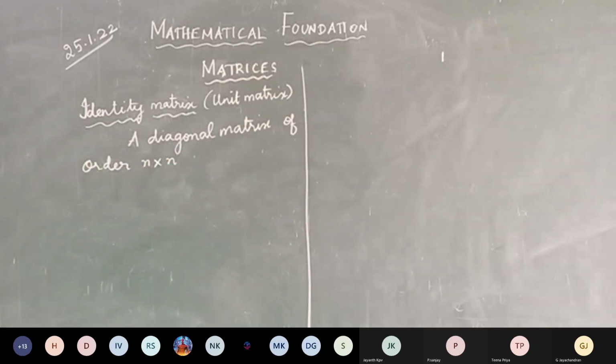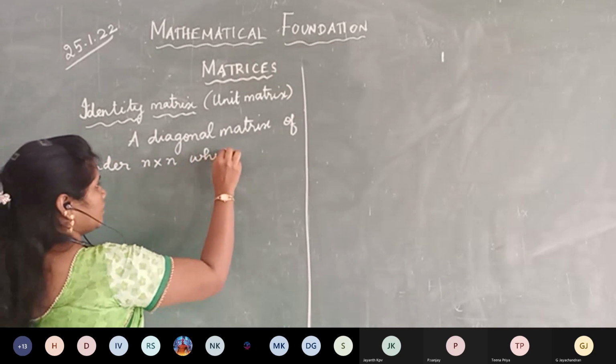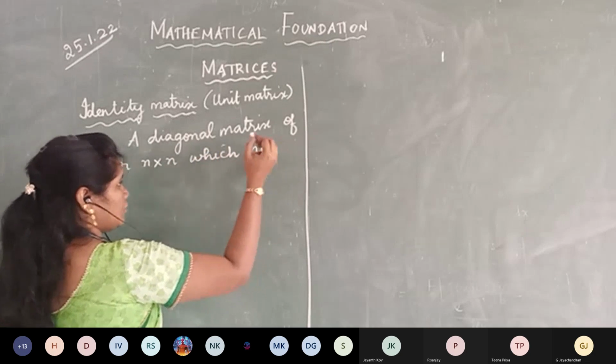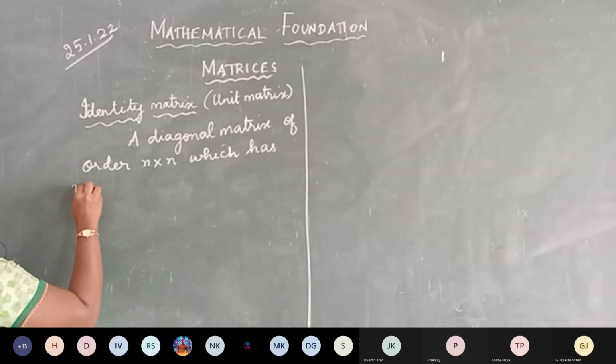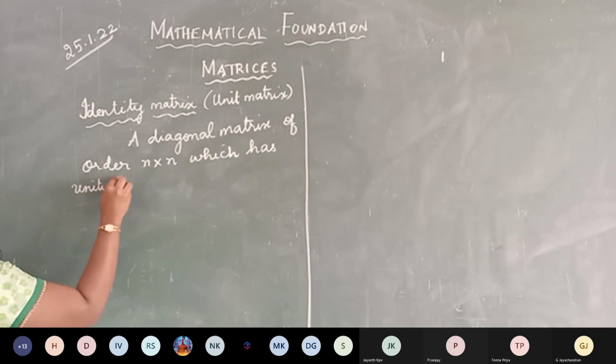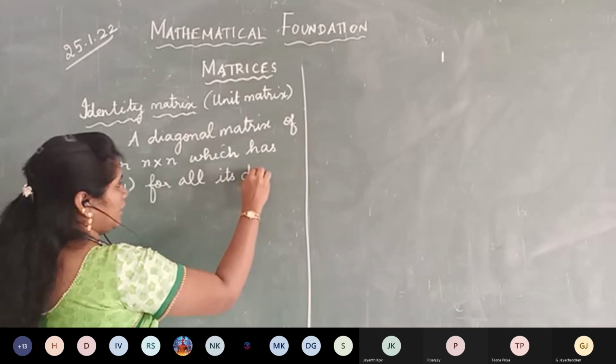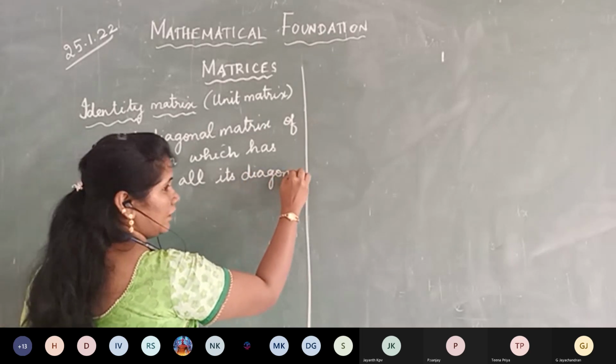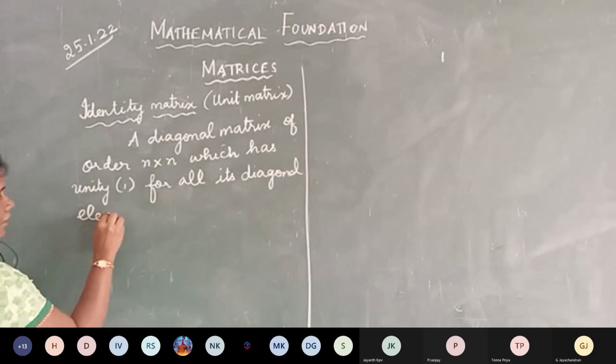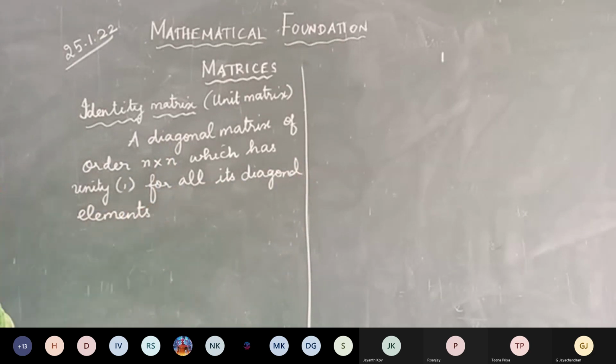Okay, a diagonal matrix of order n cross n, which has unity, unity means 1, all its diagonal elements, then it is called your identity matrix or your unit matrix.